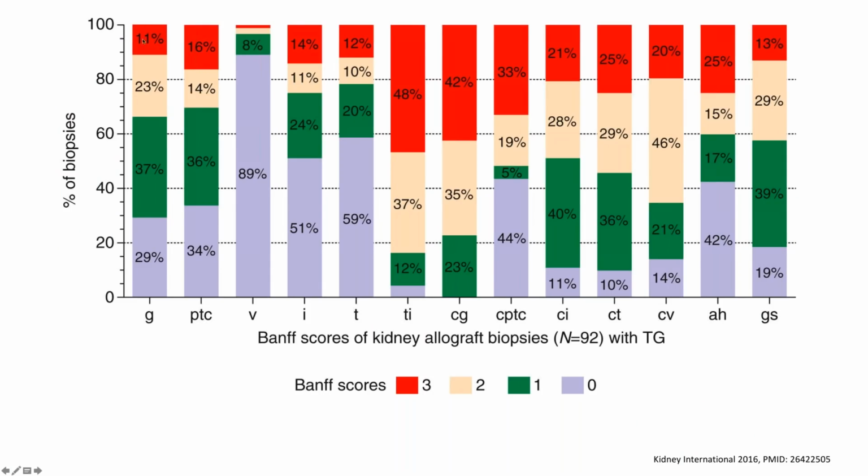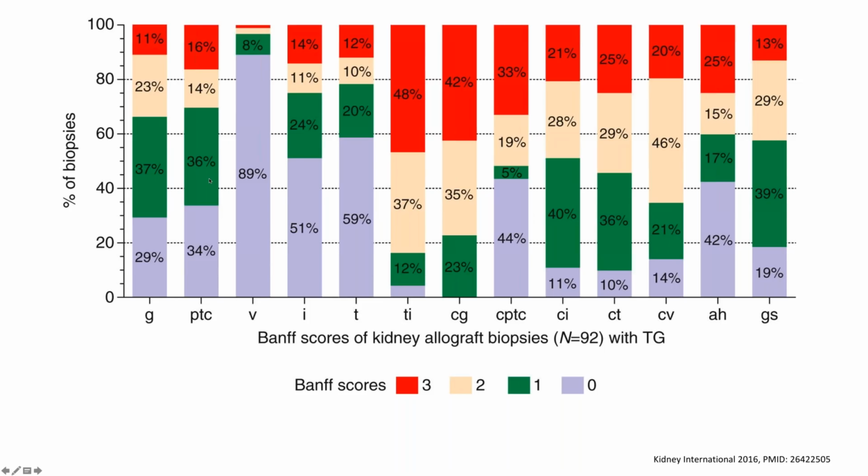Now the red is Banff 3, Banff 2, Banff 1, and Banff 0. G is the glomerular score, PTC inflammation, vascular inflammation, CG. So we can see here that a significant proportion of patients with transplant glomerulopathy had acute inflammation also, as evidenced by glomerular and PTC scores.